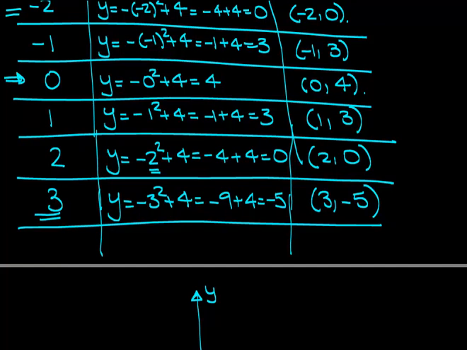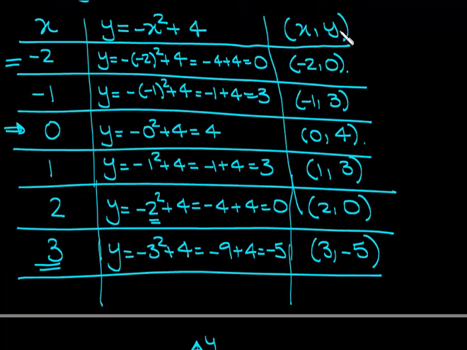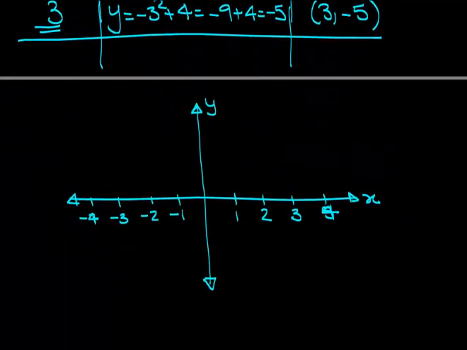And this biggest value, I'm sorry, this should have been the biggest value for y is 4 and the smallest is minus 5.